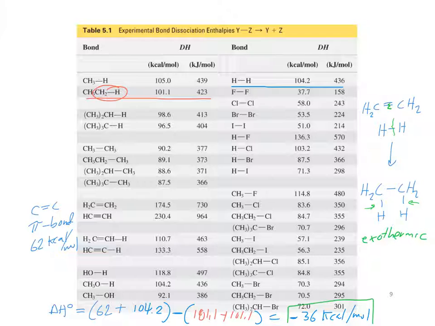All right? The actual, or experimental, value here is minus 32.8. So that's pretty close.